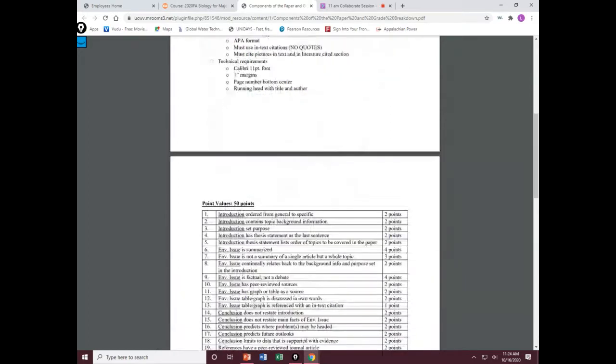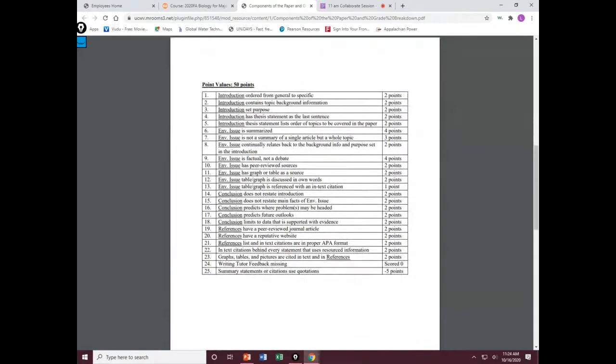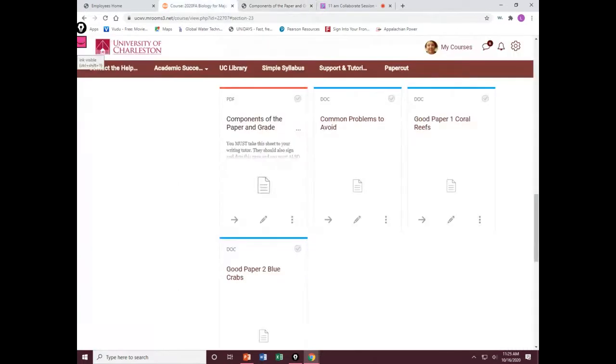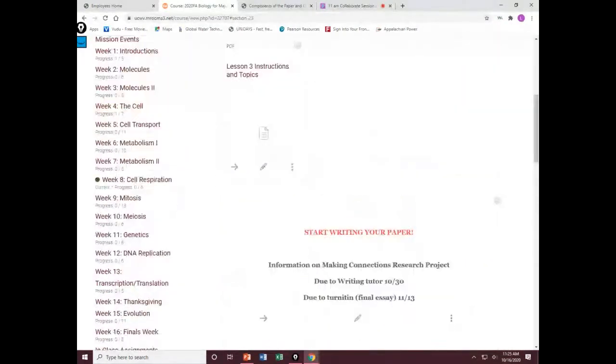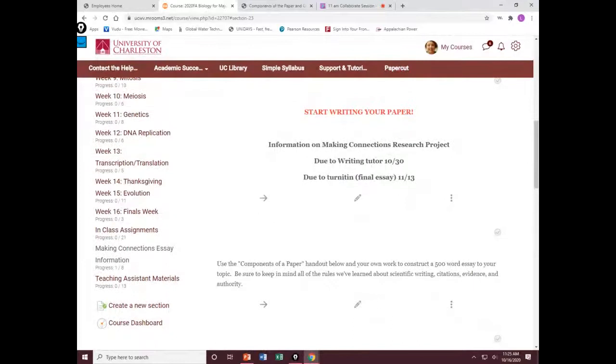The last thing I want to point out is on the next page, you see that I have a grading checklist. This is the exact same checklist that I will use to grade you. So it is very helpful as you are writing your paper and as you complete your drafts to use this to check yourself. I highly recommend it. You also likely noted that you need to go to a writing tutor with this.